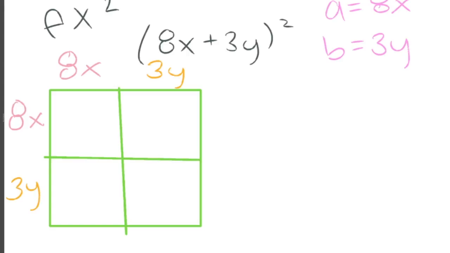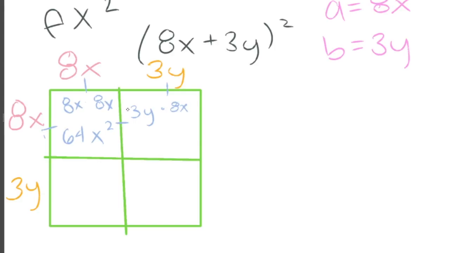Now it's time to solve. So what we're going to do is multiply these two, 8x times 8x. 8 times 8 is 64, and then x times x is x squared. Then we get 3y times 8x, just 8x, not squared.